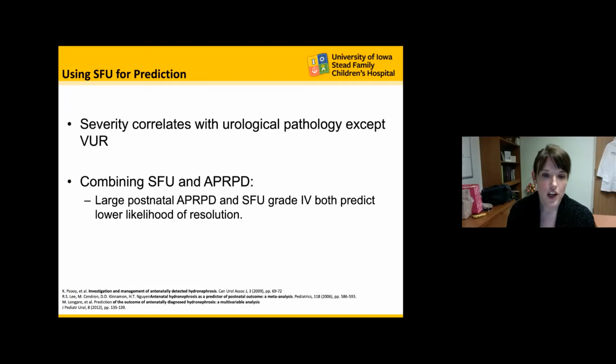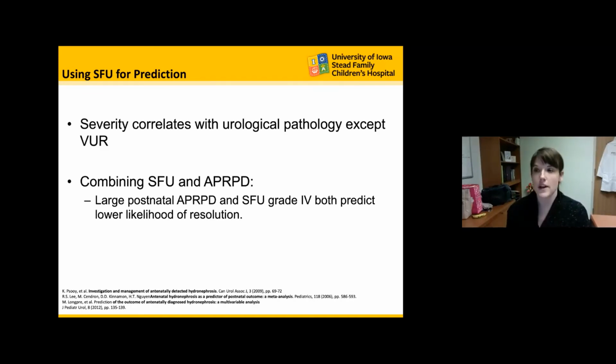Okay, so we've done a lot of studies looking at anterior posterior diameter. We've done studies looking specifically at SFU grading. And what do we know about SFU as a predictor for outcomes? Not a whole heck of a lot more than we know with anterior posterior diameter. We know that severity or an increasing grade does correlate with urological pathology, except for reflux.